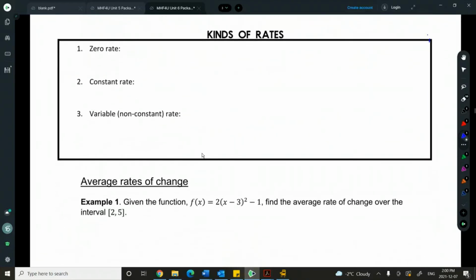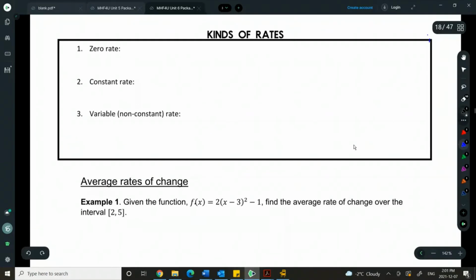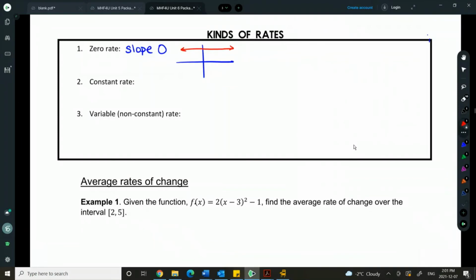Okay, so let's talk about some different kinds of rates of change. We can have what's called a zero rate of change, and this would mean that the slope of a line, or basically what we're calculating, the slope is 0. Think back to grade 9, we called them constant functions because they were not changing.